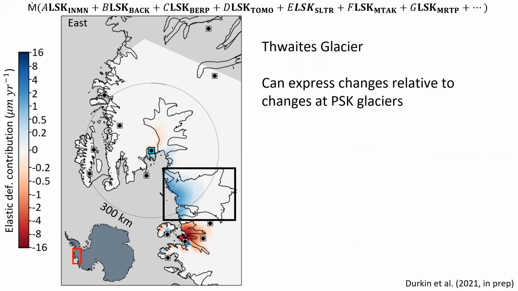And we can't isolate the elastic deformation due to the absolute mass changes of Thwaites Glacier. But what we can do is express mass changes near the grounding line of Thwaites Glacier relative to mass changes that happen at the Kohler glaciers.